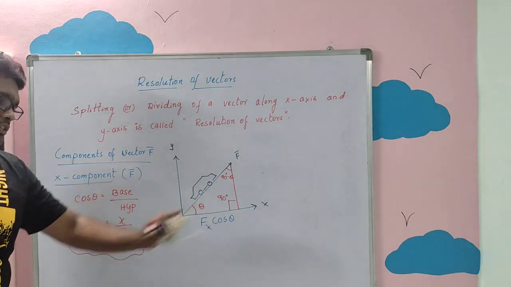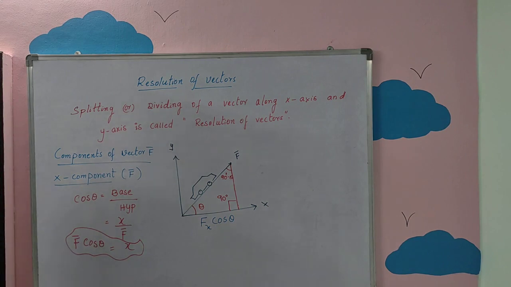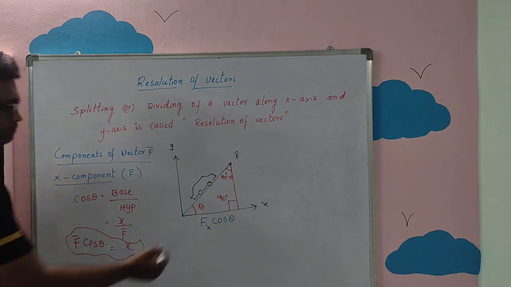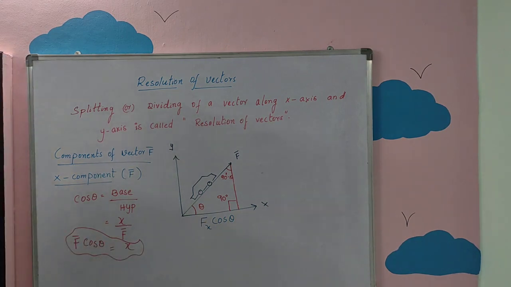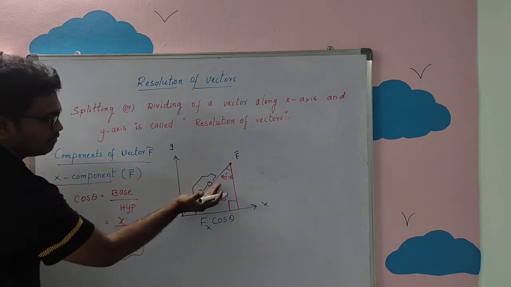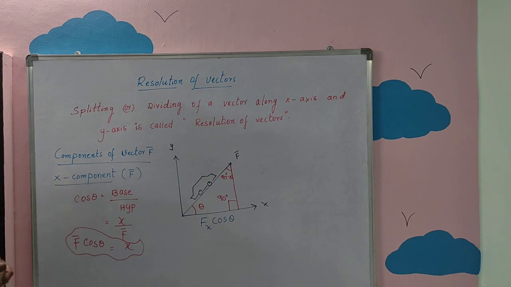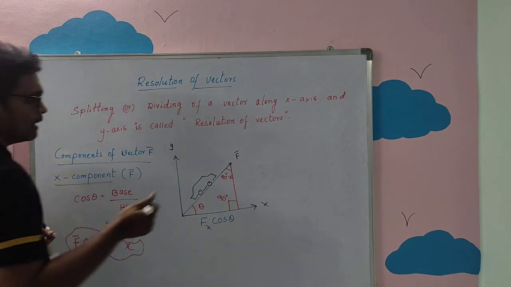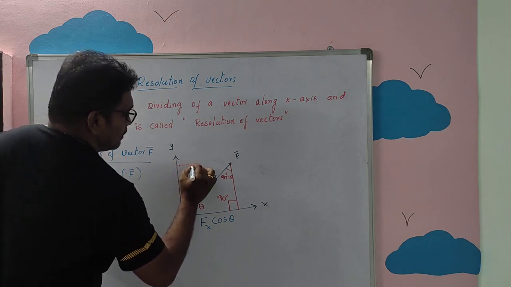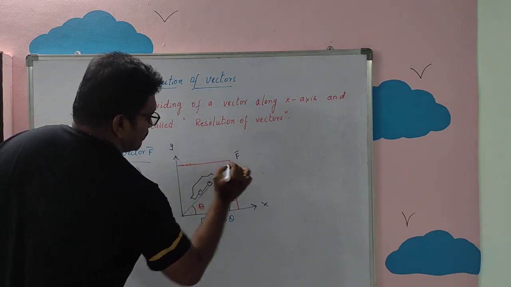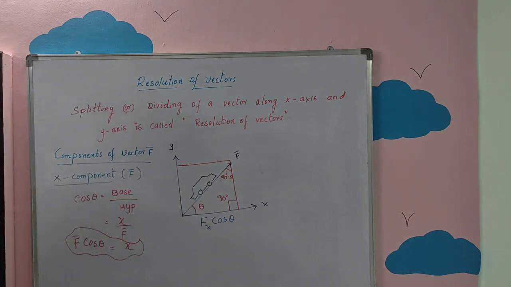Or simply you can write it as F cos theta. Clear? Now, we want to find out the influence of this force vector along the y axis or y direction. Now, what we have to do is, again we have to draw one perpendicular line to the y axis like this, and again we are making one right angle triangle.